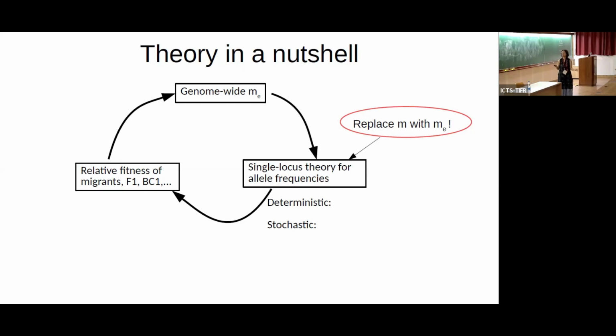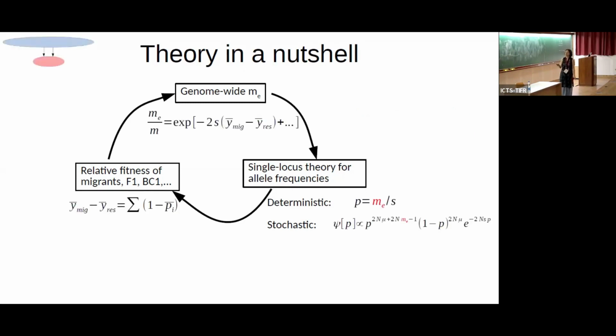We know how any single neutral locus behaves, there's well-developed theory for the last 100 years, or at least somewhat in that order of time, where we can write down various things, at least the equilibrium allele frequencies and equilibrium allele frequency distributions given selection, migration, mutation, drift. And so the basic idea is that I'm just going to replace M with ME in this theory. If you're interested in the maths, it looks a bit like this, not infinitely complicated.